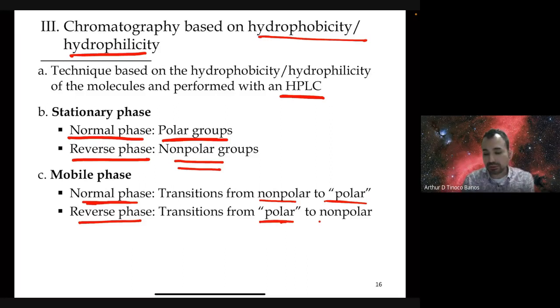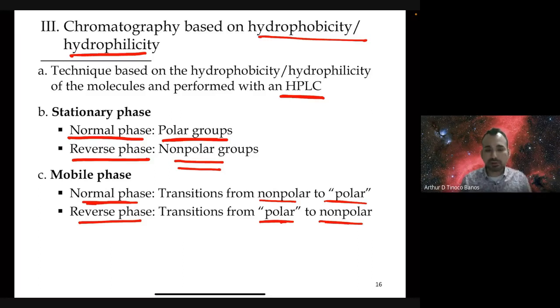In contrast, the reverse phase will be the opposite, where your mobile phase will transition from polar to non-polar. I will be a little careful here, because this idea of polar and non-polar and the mixture of solvents is very dependent on the actual experiment itself. Oftentimes you may have components that would traditionally be called polar, but because one is more polar than the other, one would be considered the polar component of the mobile phase and the other the non-polar.